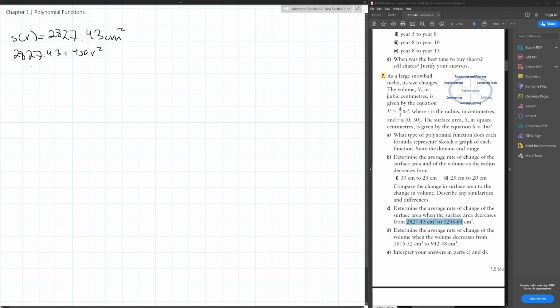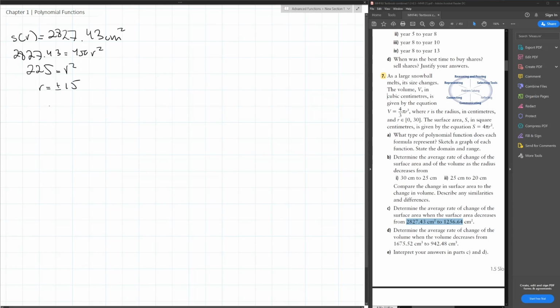So let's do that. 2827.43 divided by 4 pi is approximately 225, which equals r squared, which would mean r is equal to plus or minus 15.